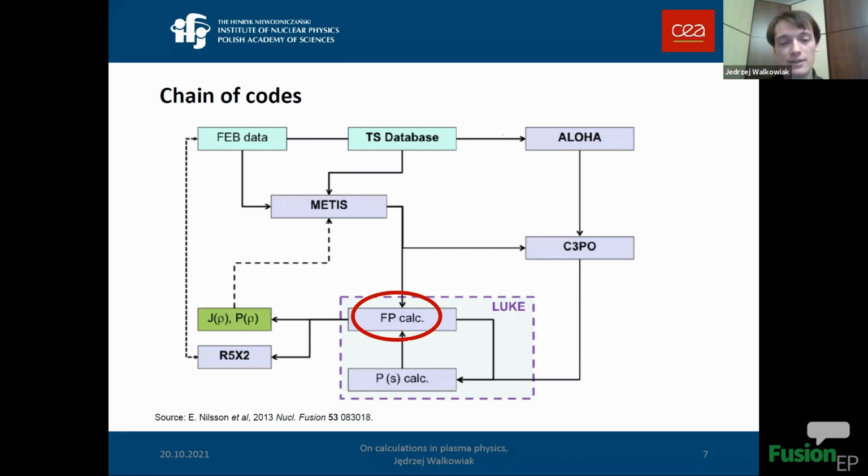And we usually need fast electrons. In the case of tokamaks, it usually means runaway electrons or the electrons from the lower hybrid current drive, because they are accelerated to quite high energies, on the order of a few hundred kiloelectronvolts.